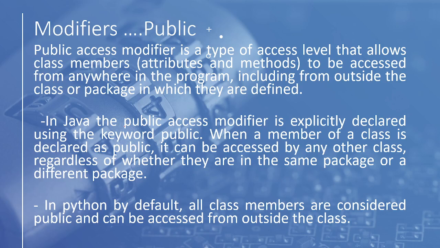Java is a collection of packages, keep that in mind. So whether it is in the same package or a different package, if it is declared public, it can be accessed. But in Python, we don't have a keyword as such for public. It is public by default. If nothing is declared, it is public.